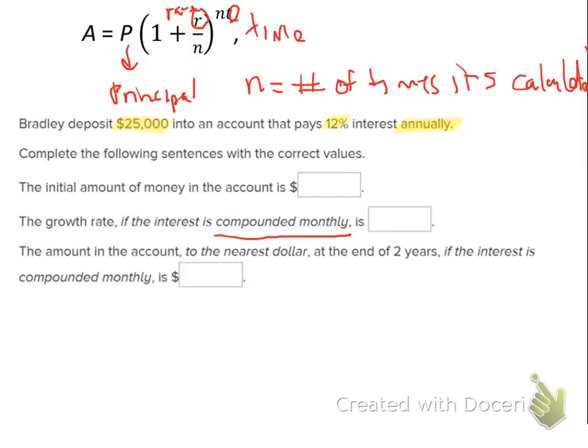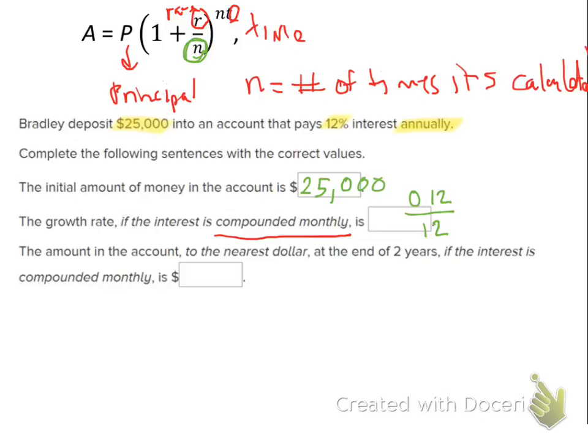That's each year. So the initial amount of money in the account is $25,000. The growth rate, if the interest is compounded monthly, is the rate 0.12 divided by 12, because it's compounded monthly, 12 times in a year.